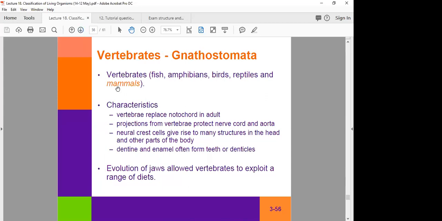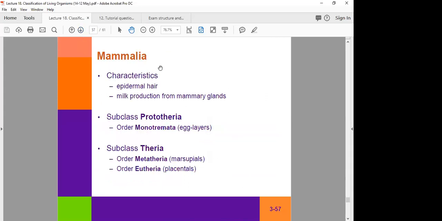All right, let's now just look at the mammals very briefly to finish off. Mammalia, characteristics. There are actually quite a few different characteristics of mammals, only two are shown here. Presence of epidermal hair at some stage of development, and milk production from mammary glands.